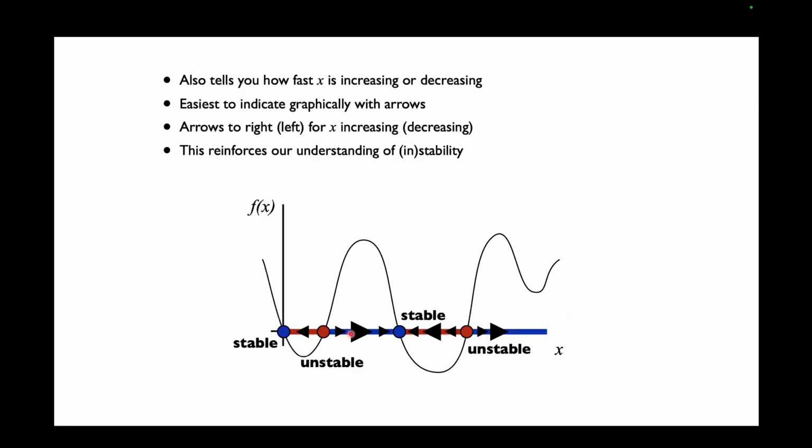What you want to know is how fast your x is increasing or decreasing. The easiest way to do this is with graphical arrows. Arrows pointing left to right show that x is increasing, and this reinforces our understanding of stability or instability.